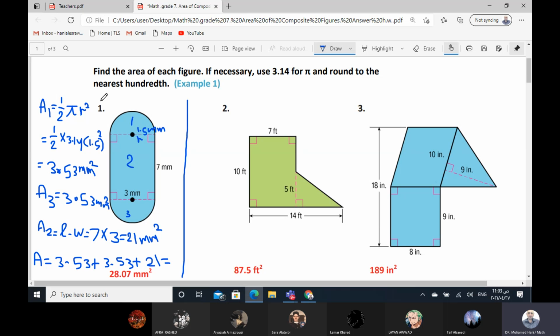Exercise number 2. Here you have a composite figure. As you see here, we have a rectangle, and here we have a triangle. So this is area 1, this is area 2. We can start from the rectangle: area of the rectangle equals length times width.